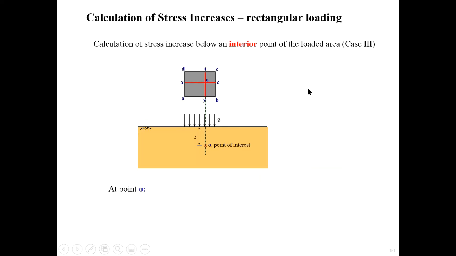Now we just look at one example. This is an example to calculate the stress increase below an interior point of a loaded area. This actually belongs to case 3.